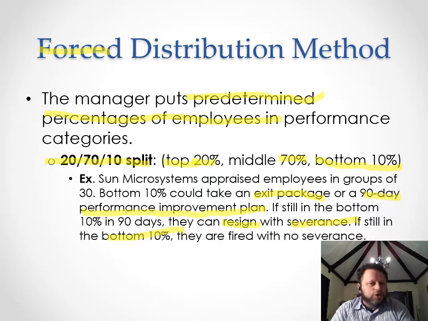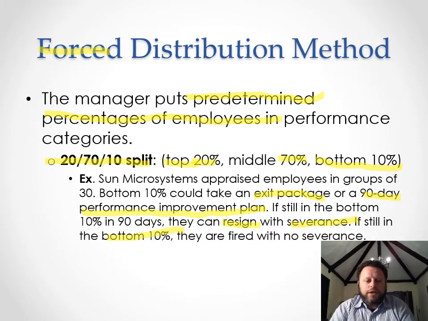Managers don't usually want to say this employee, unless they're terrible, they don't want to give someone a 2. It just feels bad. And they don't want to give someone a 5 necessarily. So managers give like 3, 4, 3, 3, 4, 4, 3, 4, 3, 3, 4. It just always is in the middle.